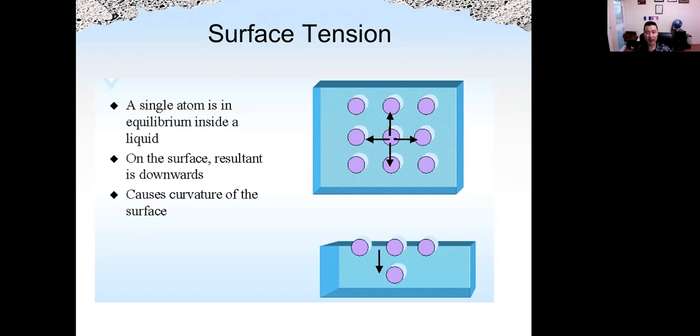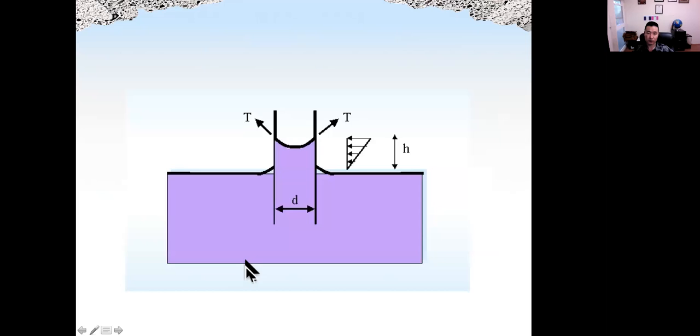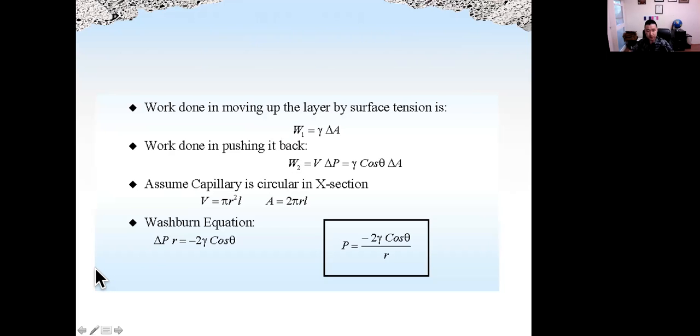That's the reason we have a curvature along the surface. Based on the angle of the curvature, we can calculate and get a correlation between the pressure and the pore size.